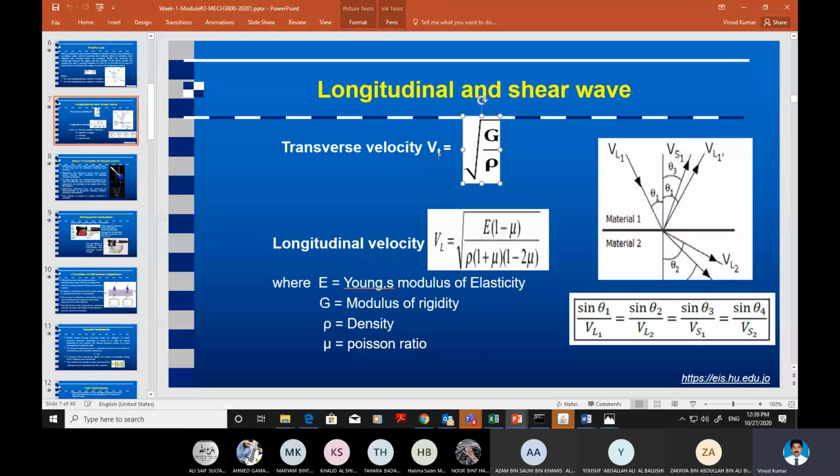One is V, transverse velocity. Don't get confused. If you have confusion about transverse velocity, I will change it to shear velocity. Shear velocity equals square root of G by rho. Do you remember in the torsion experiment, we rotated a component and it broke, and I gave you some data in Excel.